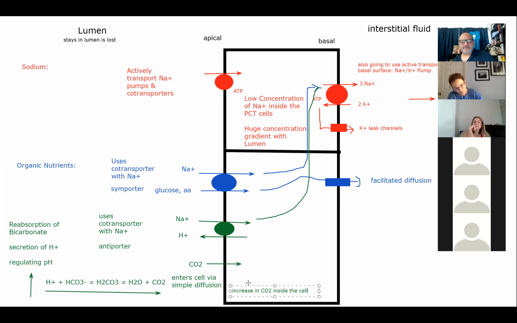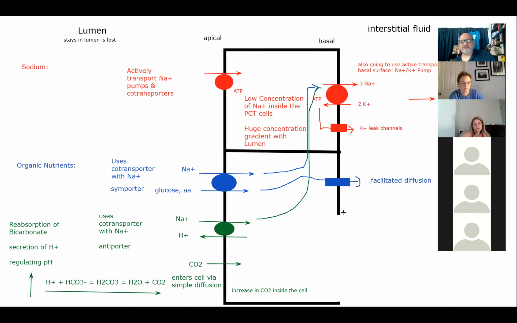That CO2 doesn't belong there. True, CO2 doesn't belong there, but what else is inside this cell? Oxygen. Oxygen's inside the cell, true, absolutely. What else is inside the cell? Water. And what happens when you mix CO2 and water together? The reaction goes the opposite direction. Exactly.